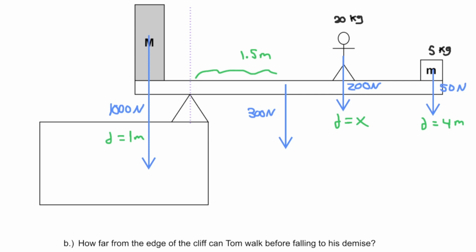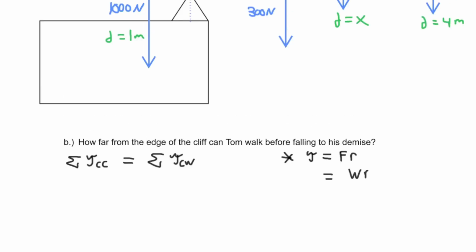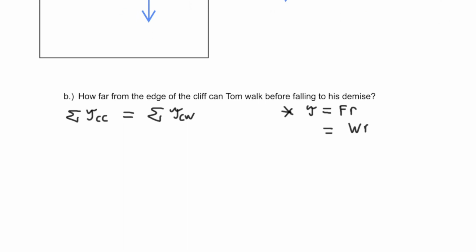Because the counterweight's driving it counterclockwise, and everybody else is driving it clockwise. So, once again, since everything is perpendicular here, we can just say that torque is going to just be equal to force times distance, which is going to be equal to all the weight times the distance for each, because the weight force has already been calculated. So it's just newtons times meters.